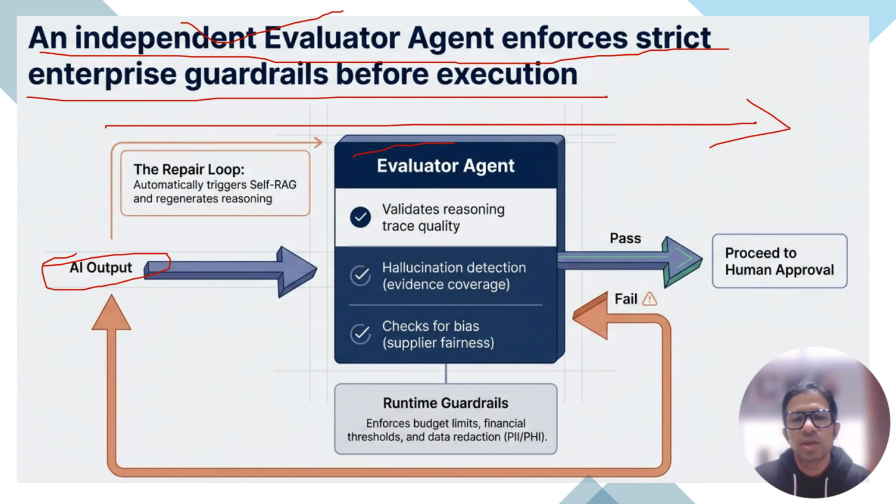See, this one. Evaluator agent. Now look at the center box. Here, this one. This is the gatekeeper, and it checks three big things: reasoning, traceability.